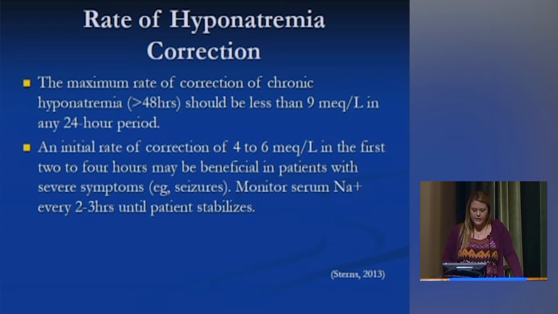Usually when we're correcting somebody in the ICU setting, we're monitoring their sodium every couple of hours, I say 2 to 3 hours here, but in reality it's not really feasible because when you're checking it that quickly, you don't even have one back before you send another one.